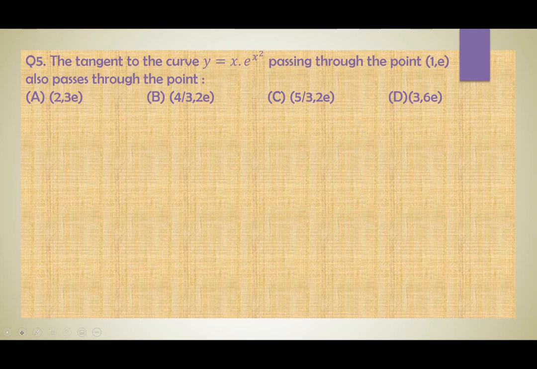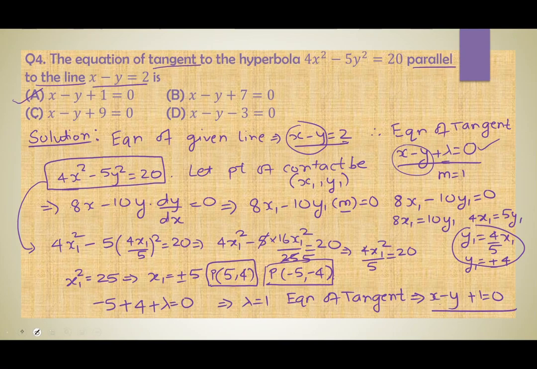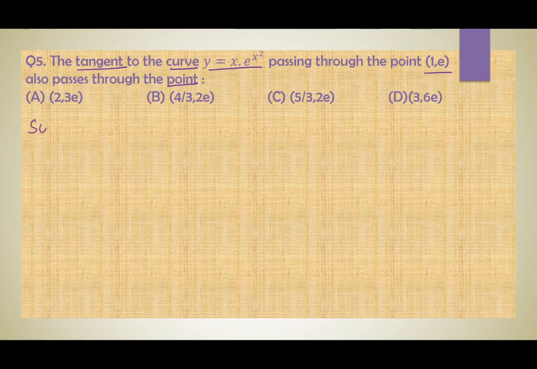Okay, so what you need to do is find the equation of the tangent to the curve using this curve equation and this point, and then check which of the points in options A, B, C, D satisfies the equation of the tangent. So let's begin step by step. Solution.